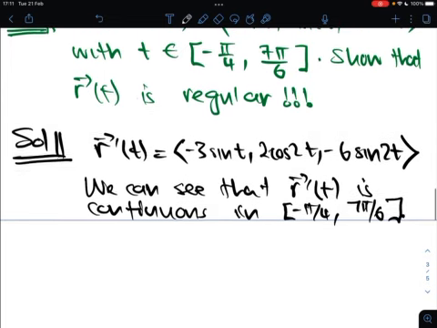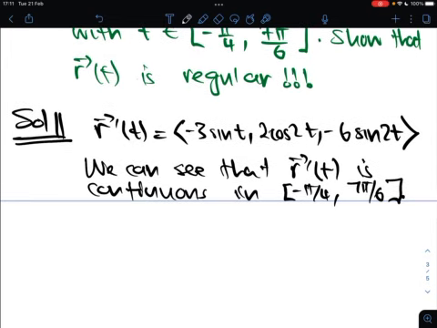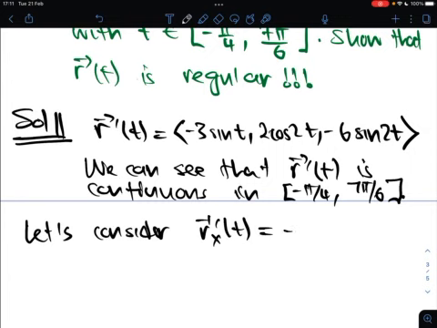So what I'm going to do now is take one of these components. Let's consider the x component of this derivative, which I'll denote as r_x prime t, which is negative 3 sine t. And what do we know?